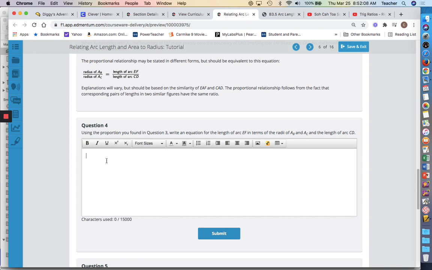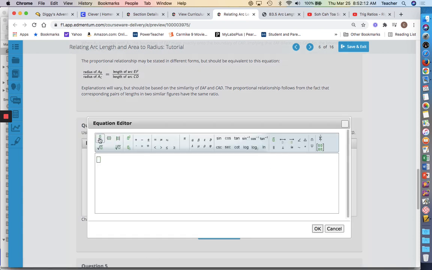So let's see, I might probably use equation editor to do this correctly. Okay, so the opposite of dividing is to multiply, so I'm going to keep this, radius of AB divided by radius of AC.